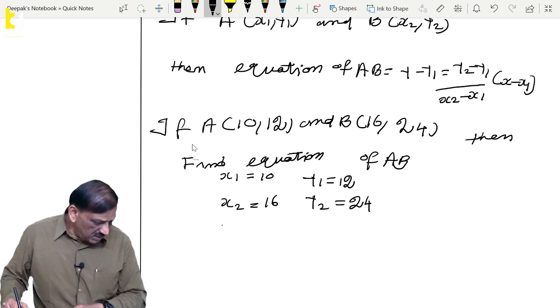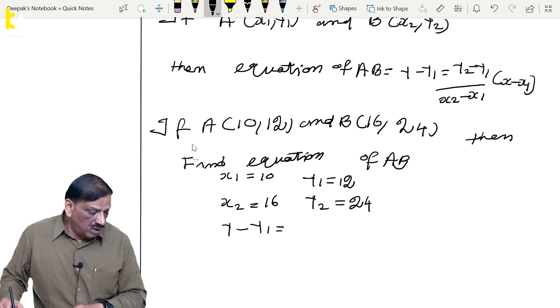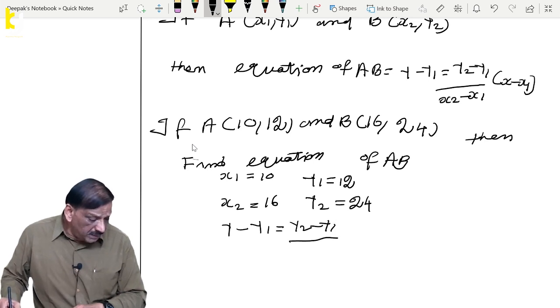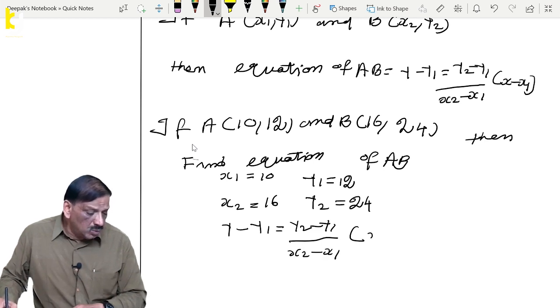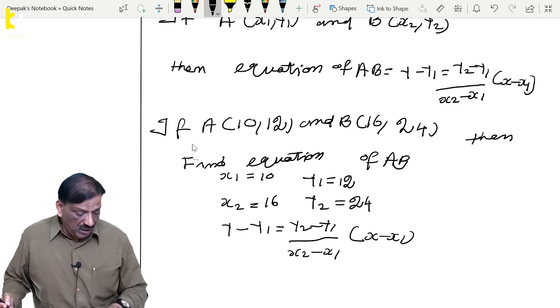The equation of the line segment is given by y minus y1 equal (y2 minus y1) divided by (x2 minus x1) into (x minus x1). That is the formula.